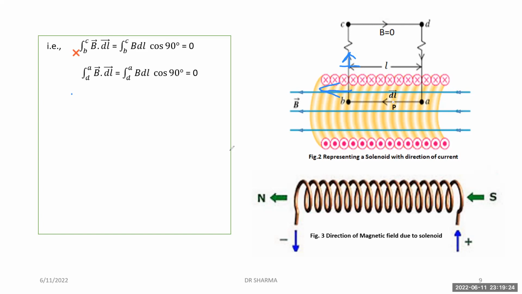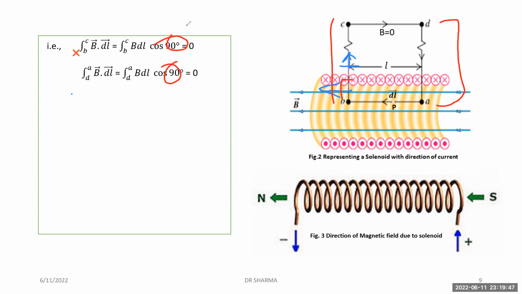So the angle between B and dl is 90 degrees. As cos 90 is equal to 0, the line integration vanishes along the side BC and similarly along the side DA or AD.